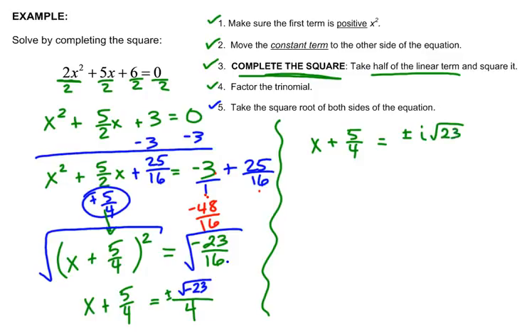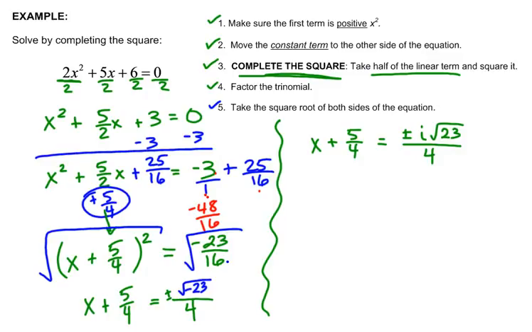There are no numbers that have been squared that equal a negative, so you can't get a square root of a negative value. We'll talk more about this later on, but that is called an imaginary number. So we're going to put an i in front of it. And then we have the 4 here.